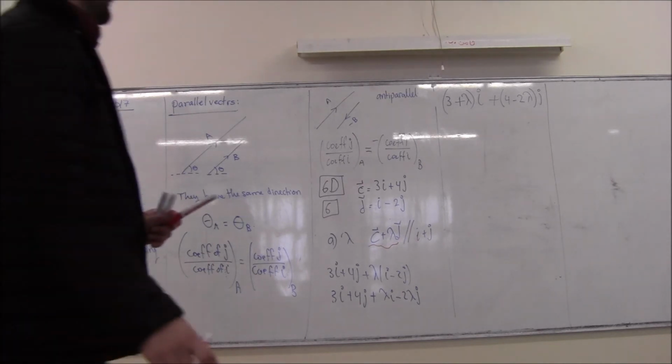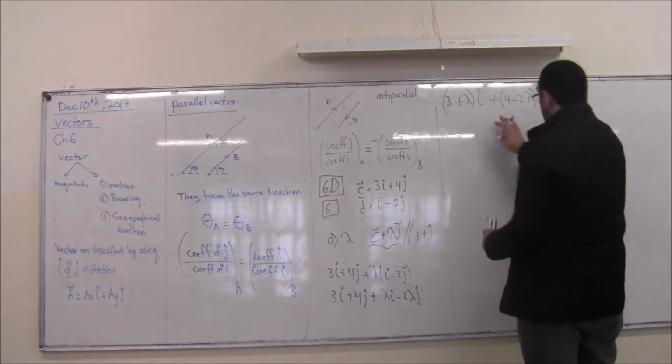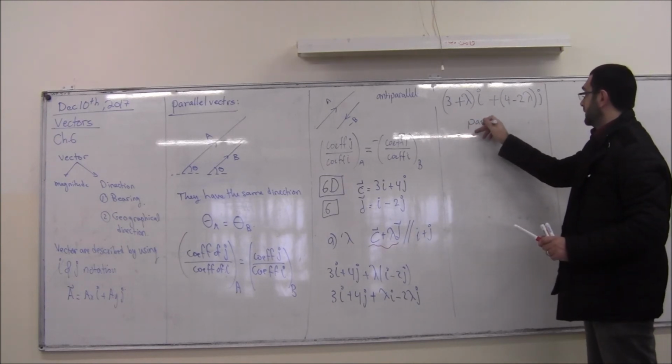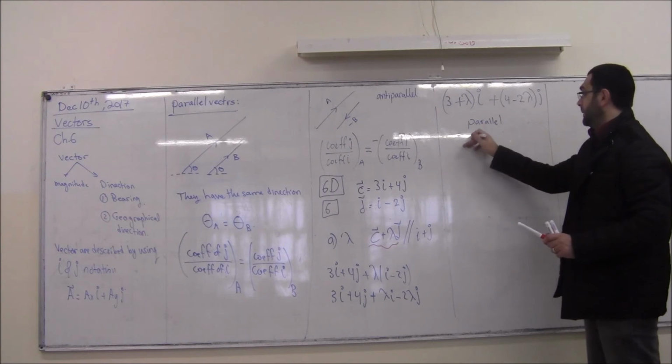Now this is the vector, and it is parallel to i plus j.